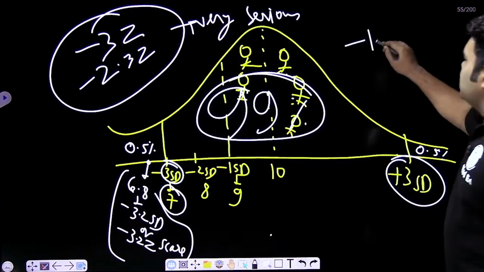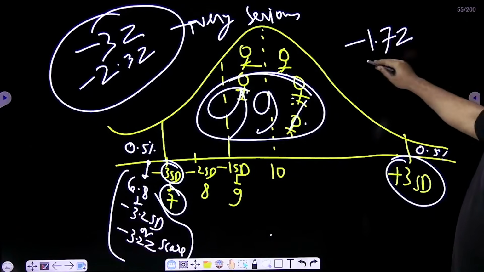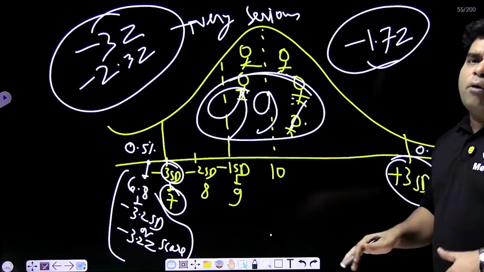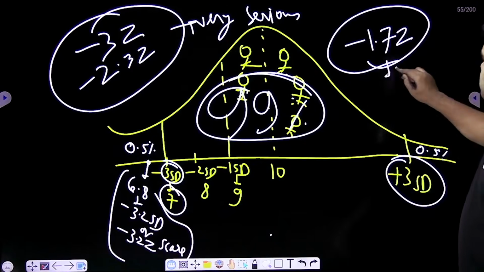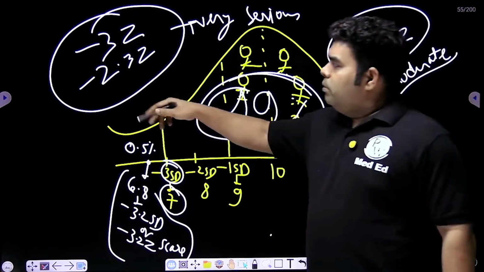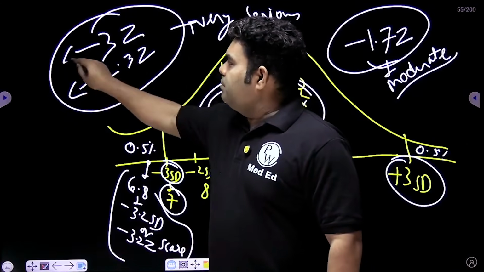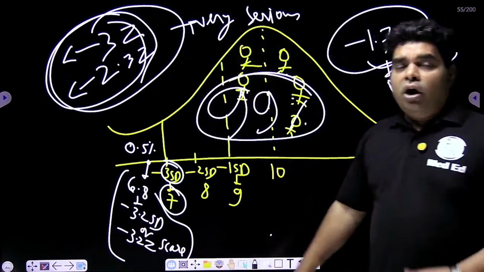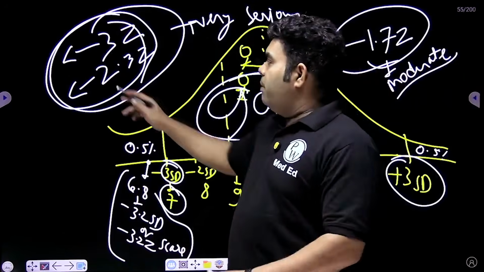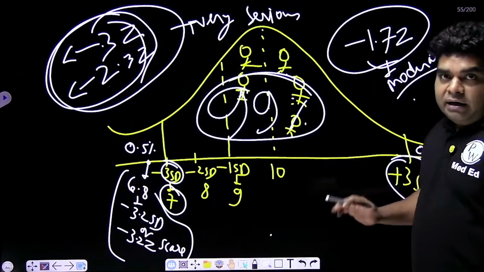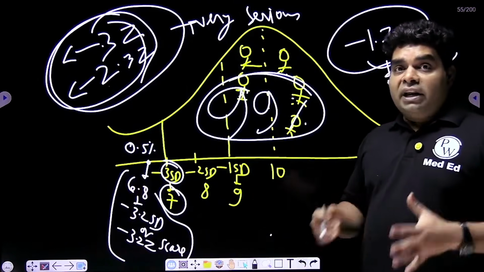If the report is minus 1.7 Z score, then it means they have some moderate malnutrition or moderate problem. And if the score is less than minus 2 or less than minus 3, then it's a serious problem. Okay. So always remember, if on any report you find minus 2, minus 3, it's serious. 1.73, it's moderate.